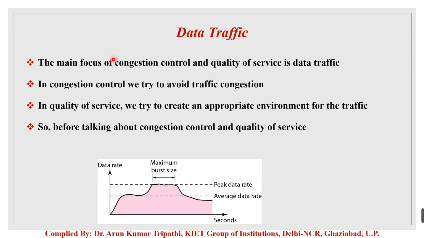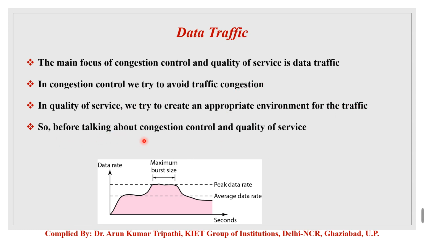Once congestion occurs, there is a need for a controlling mechanism to avoid or overcome the congestion. In congestion control, we try to avoid traffic congestion, that means congestion should not occur. In quality of service, we try to create an appropriate environment for the traffic to overcome the congestion.